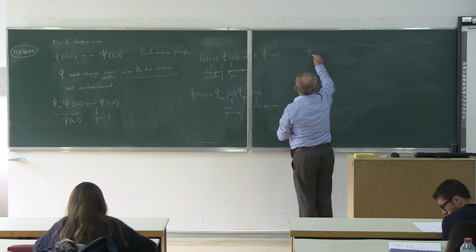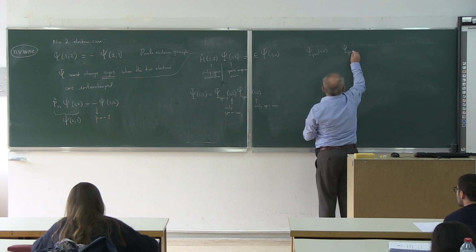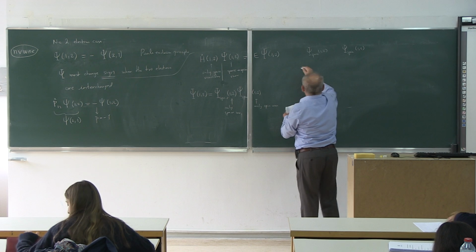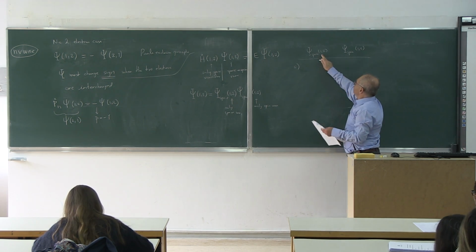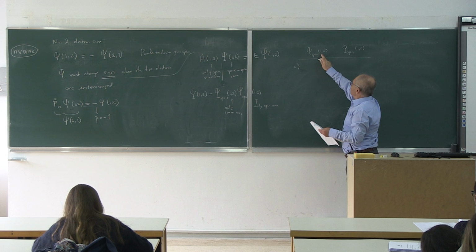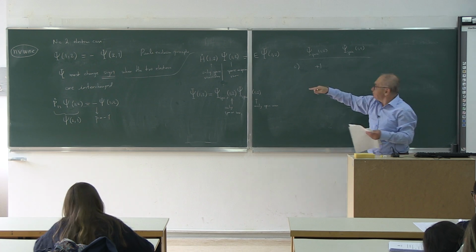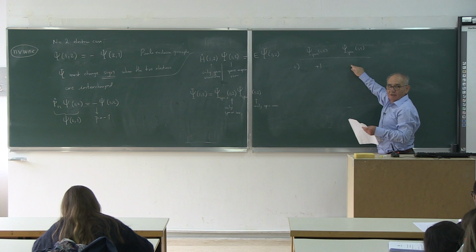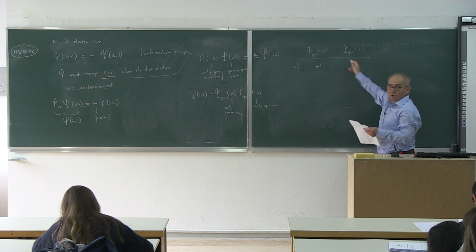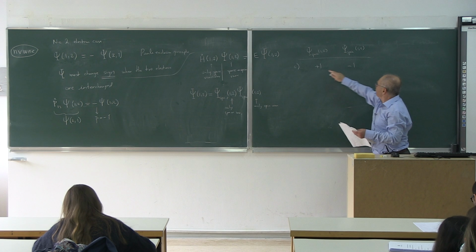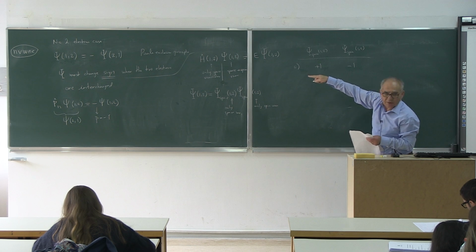If the space part is symmetric with respect to exchange, then the spin part has to be antisymmetric with respect to spin exchange, so that the overall sign is +1 times -1, which gives -1, as required by the Pauli exclusion principle.